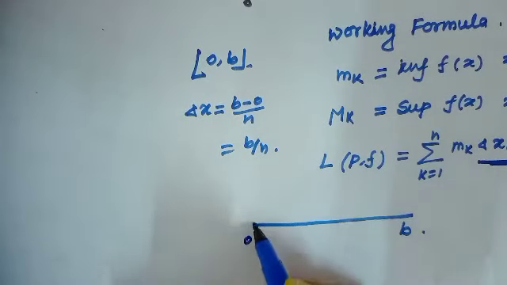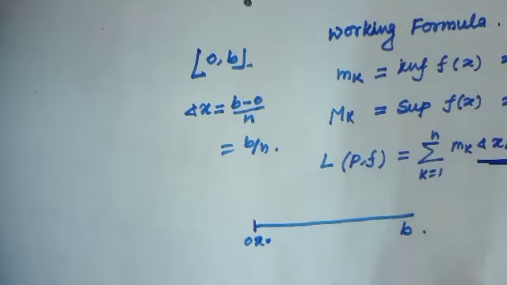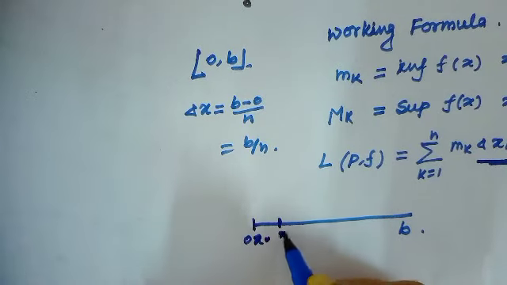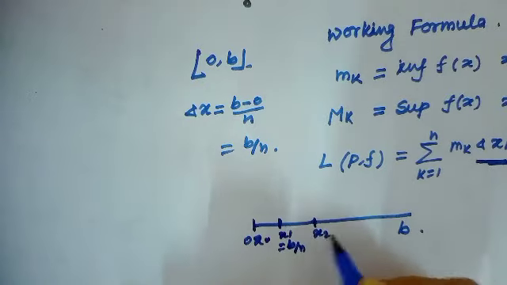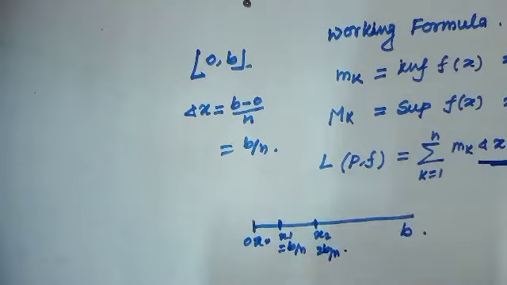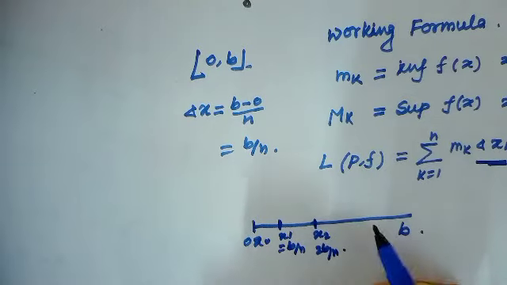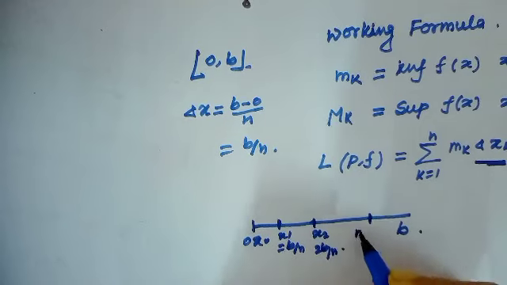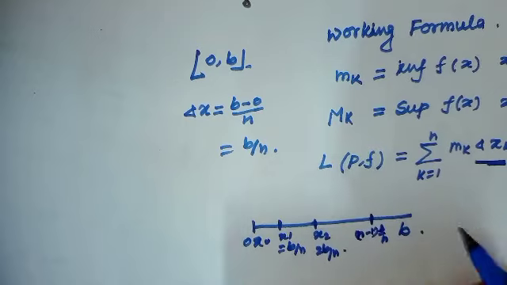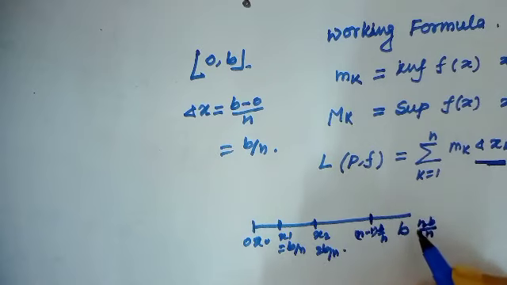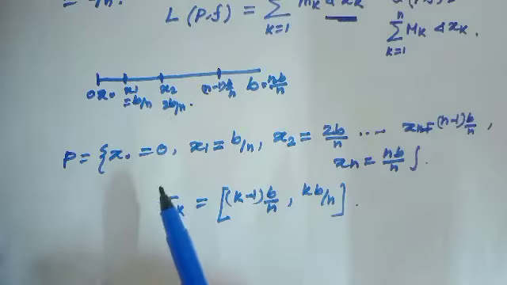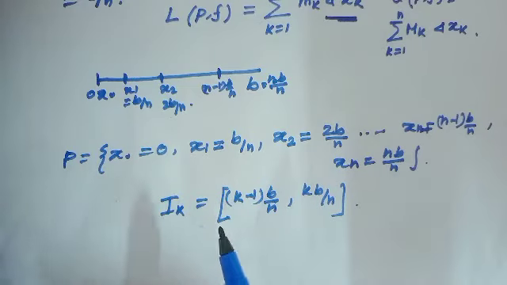Here the partition looks like x0 equal to 0, x1 would be b over n, x2 would be 2b over n, and up to xn minus 1 would be (n minus 1) times b over n, and xn would be nb over n. Okay? That means this is the partition of the closed interval [0, b], and consider the subinterval Ik.